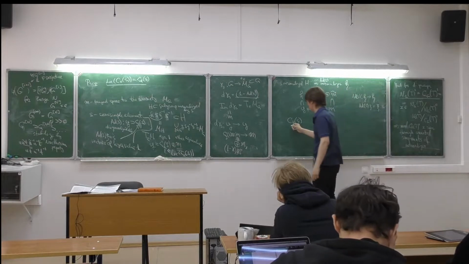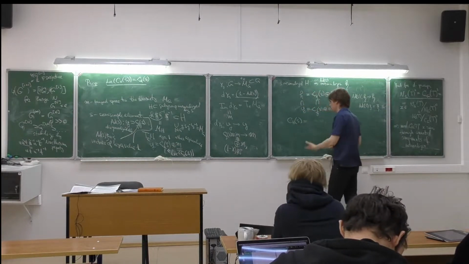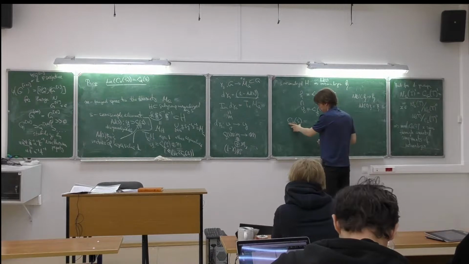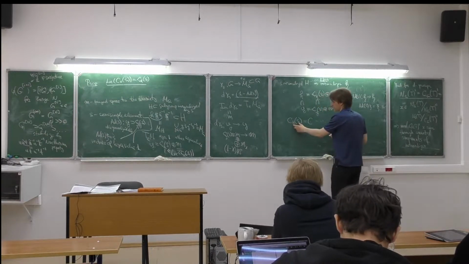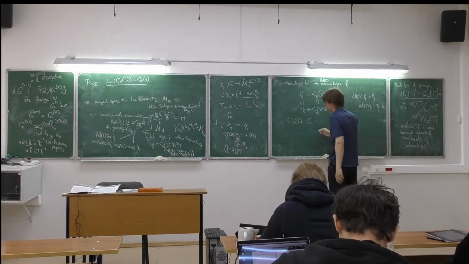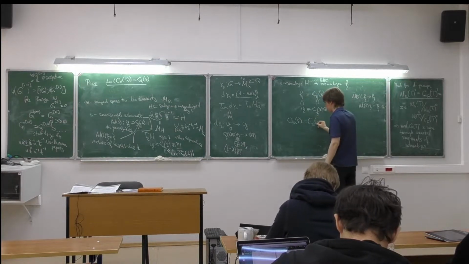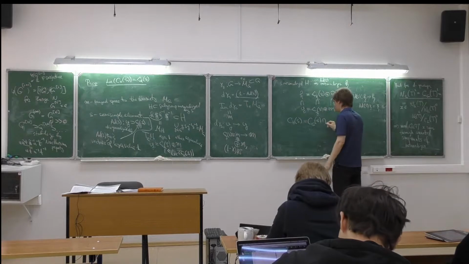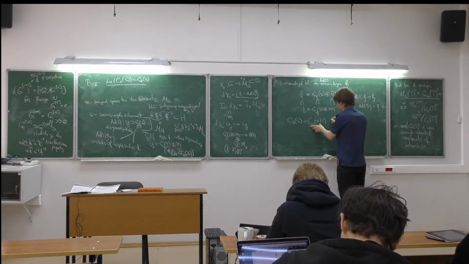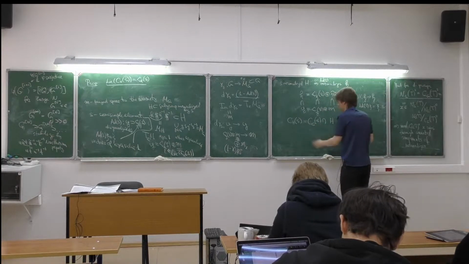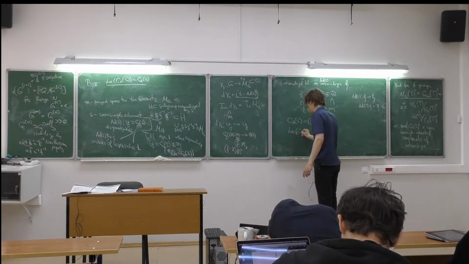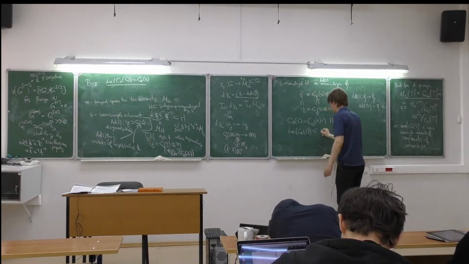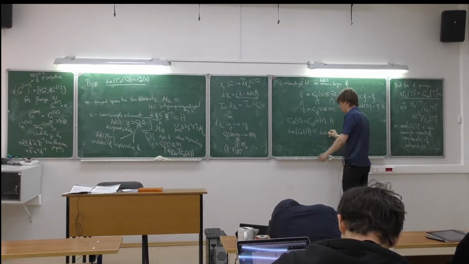So I claim the following: the centralizer of S by conjugations in G is obtained by the intersection of the centralizer in G with H. Yeah? So this means that if you want to write down the Lie algebra, at least you have an evident inclusion into the tangent space.